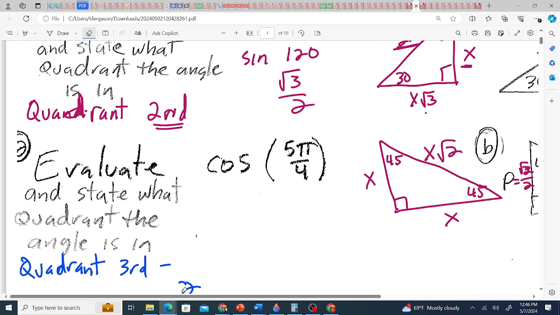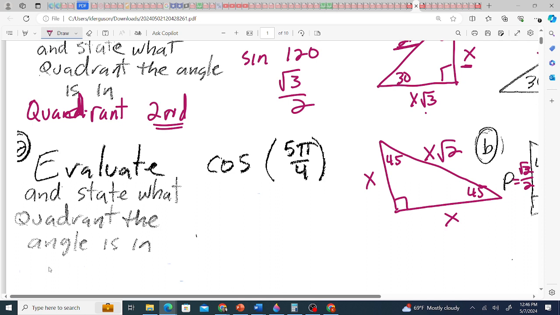So you do the same thing for evaluating the cosine of 5 pi over 4. Now, technically, if you're going to use this, you wouldn't even have to change it to degrees to see what quadrant it's in. But I still think you should. So what quadrant is 5 pi over 4 in?